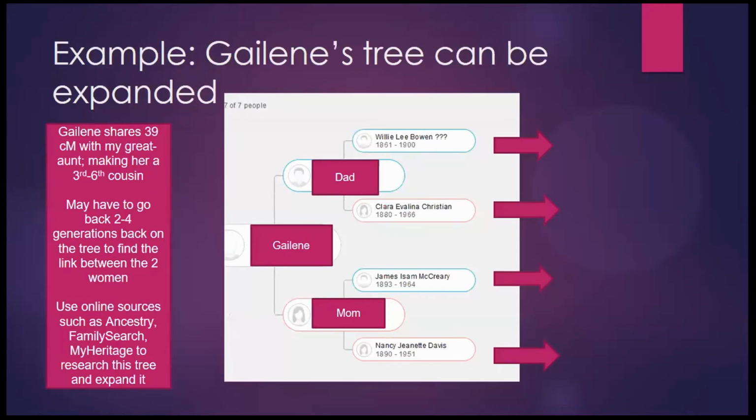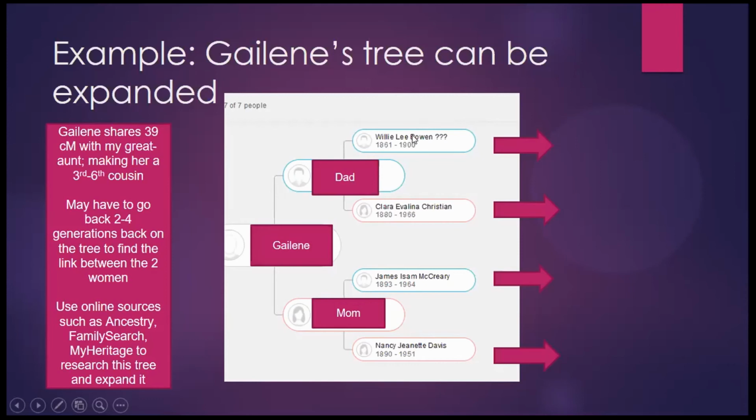So here's Gailene again. So here's what I'm talking about. Gailene has this small tree, but she gives us enough information about her relatives that we can start researching them ourselves, right? We've got the names of her grandparents, their full names, their birth and death dates, and who they were married to.